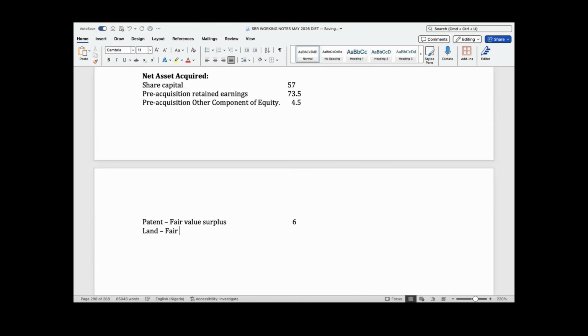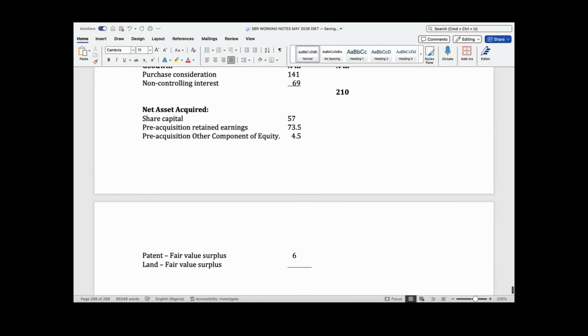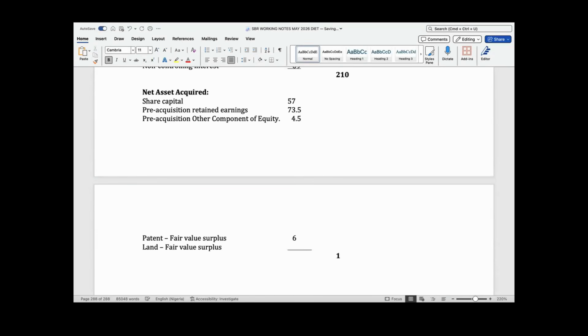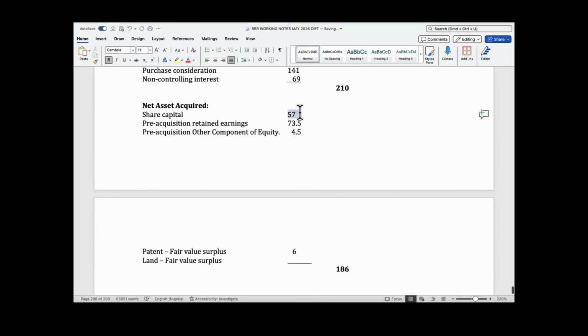So there is also a fair value surplus relating to this also. We don't know. They say that's the balancing figure. So the total is 186, which is that 180 plus 6. The 180 given to us plus 6. So please help me sum up 57, 73.5, 4.5, and 6. What does that give us?